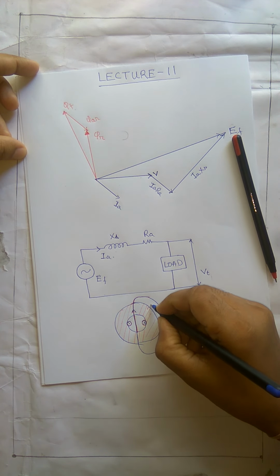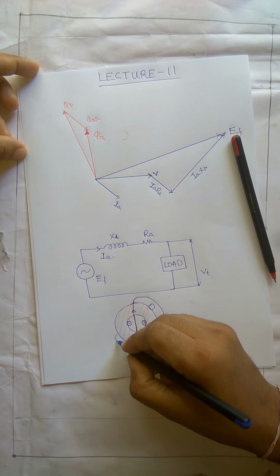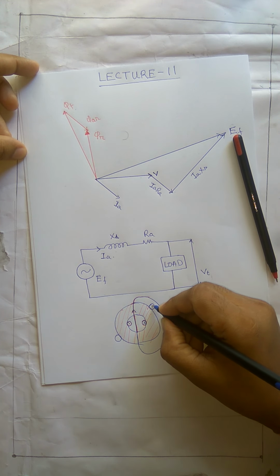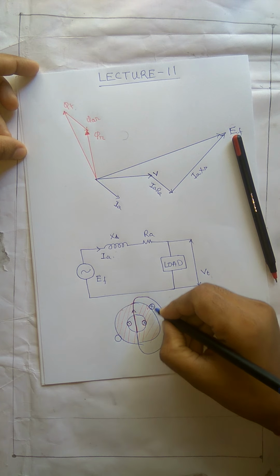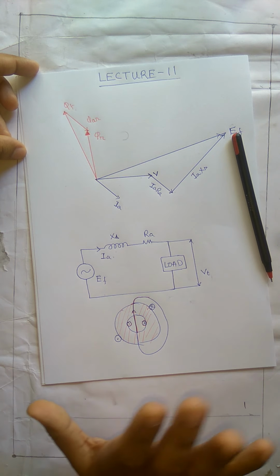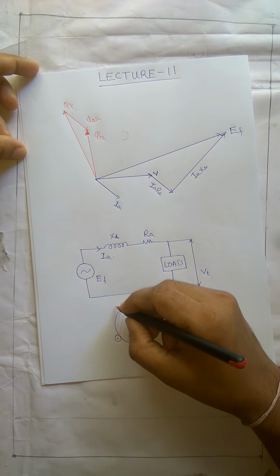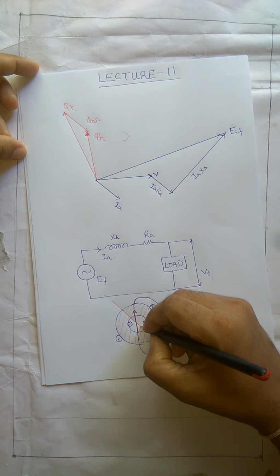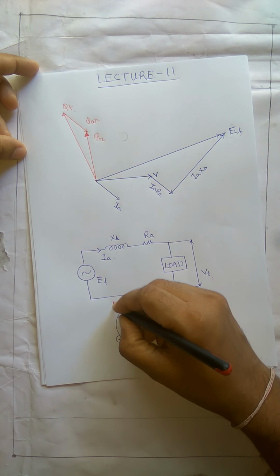Now let's say that the stator is having a conductor. Let's say that this is my stator conductor. Here the current is having a direction, say like this. So what does it indicate? It means that the flux lines are flowing like this. So this is another flux that is produced by the stator conductor.